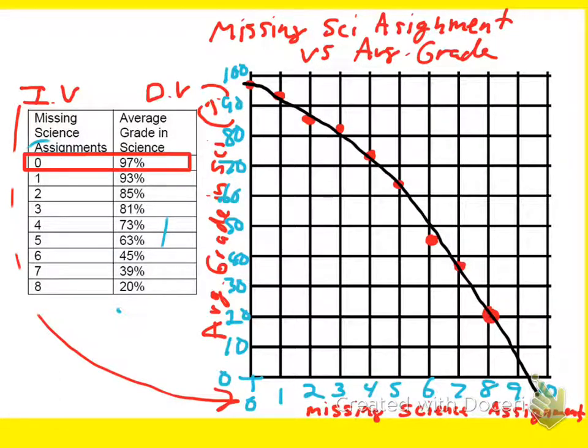You plot those, and then you draw what's called a best fit line. The line of best fit doesn't necessarily touch every dot. You're sort of averaging the data points. In this case it looks like more of a curved line rather than a straight line, so I average those with a smooth curved line for a best fit line.